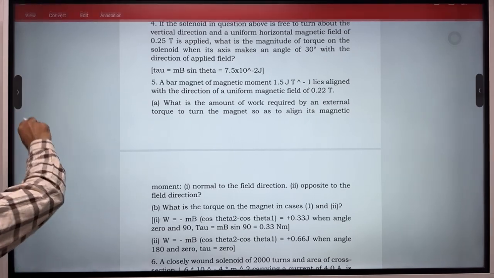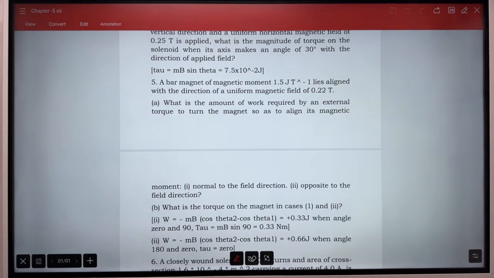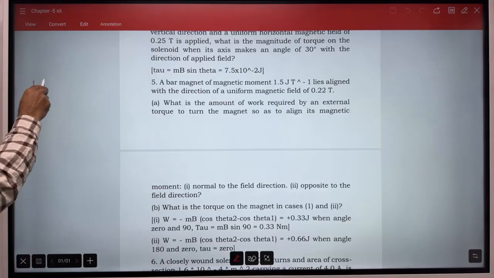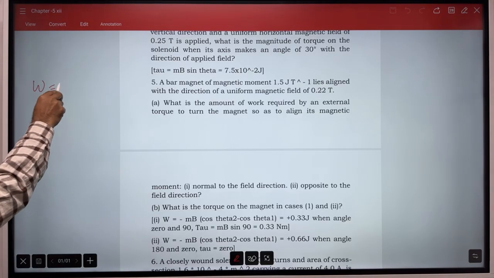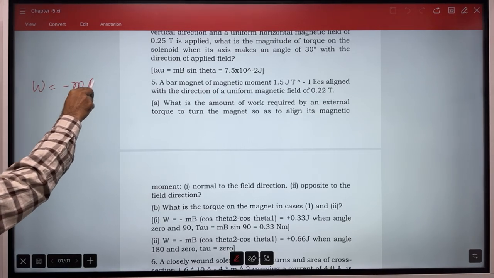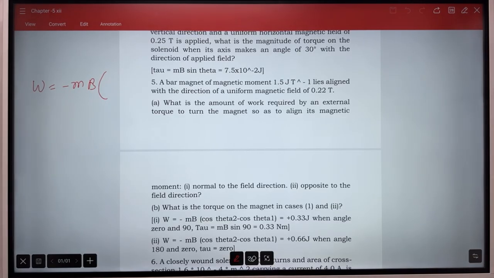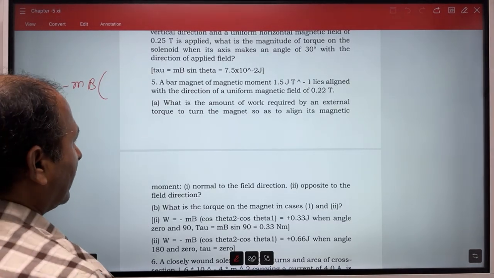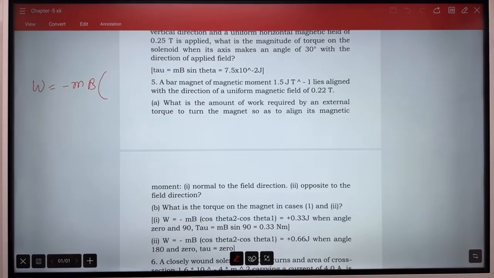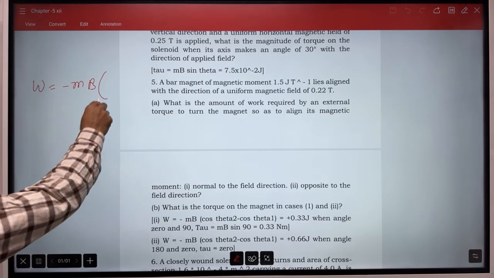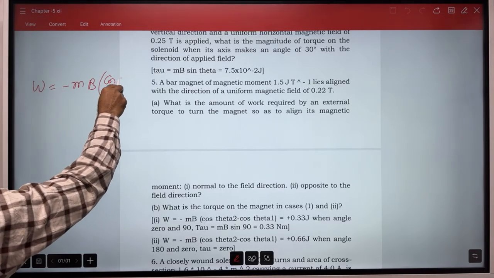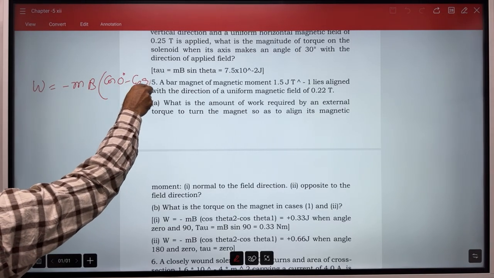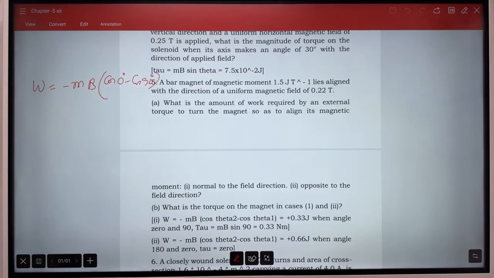So in the first case, we can write the formula for work done, that is the case of potential energy. So it will be minus MB, and then we put the values. Theta is given, so we are starting from 0 degree to 90 degree, so we can write cos 0 degree minus cos 90 degree, and we can evaluate, right? So how much would it be?